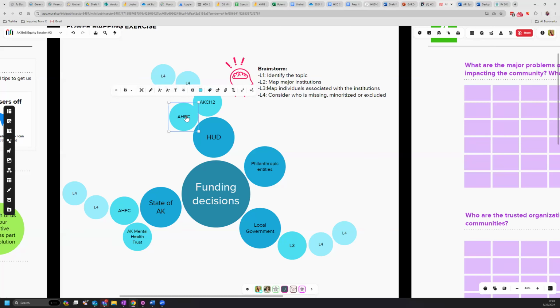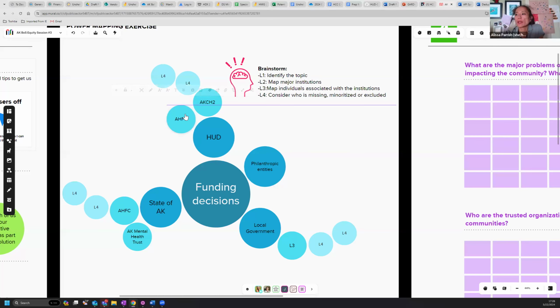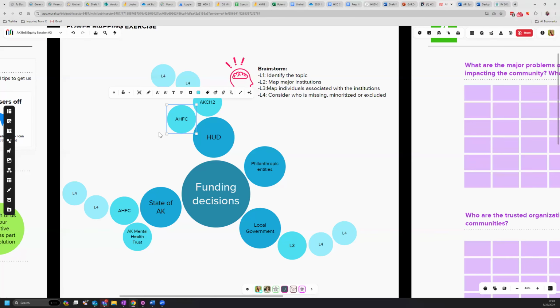So the AHFC match is contingent upon receiving the COC funding from HUD, right, Sherry? Yes. Okay, Jennifer, thanks for that clarity.